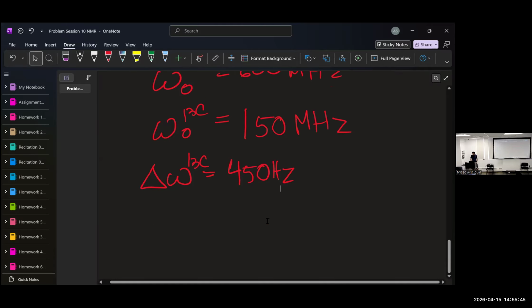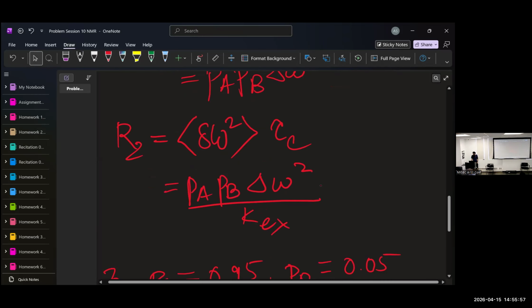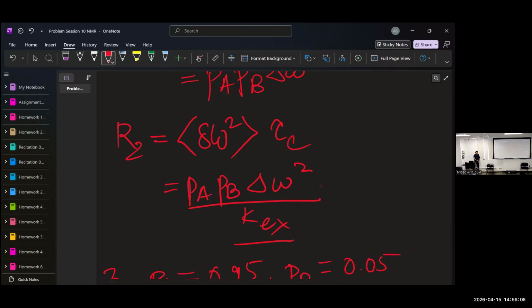Okay, now let's do some chemical kinetics. The problem says the unfolding rate is 500 per second. The formula we have says k_ex, the exchange rate. How do you get the exchange rate out of the unfolding rate? Folding plus unfolding.